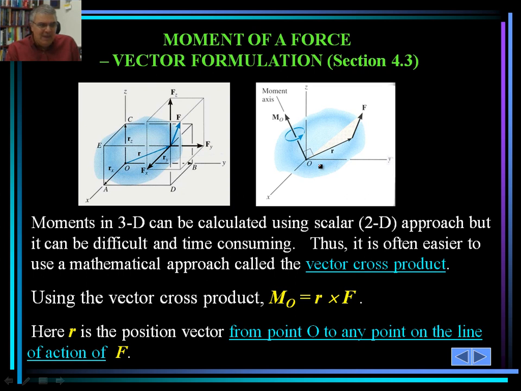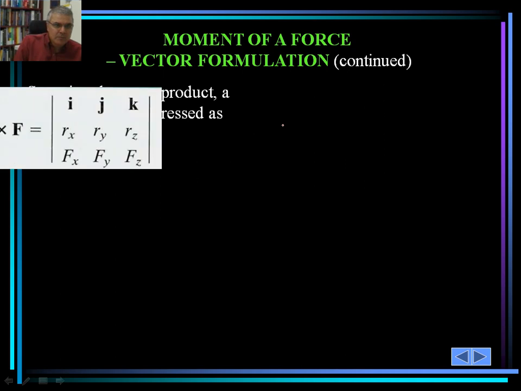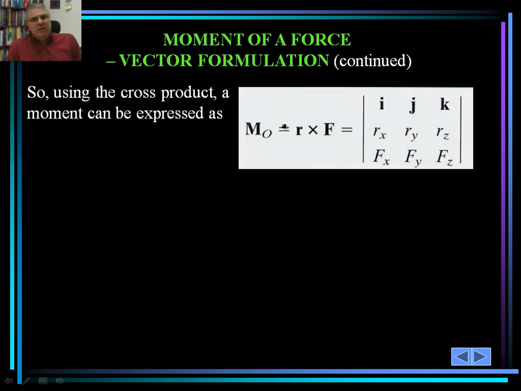Then the plane of O, r, F is shown here by the white triangle. You can see that here. That is perpendicular to M sub O. So, using the cross product of the moment, we can express M sub O as r multiplied by F. We set the matrix as such: i j k, r sub x, r sub y, r sub z. The first line would be the unit vectors.